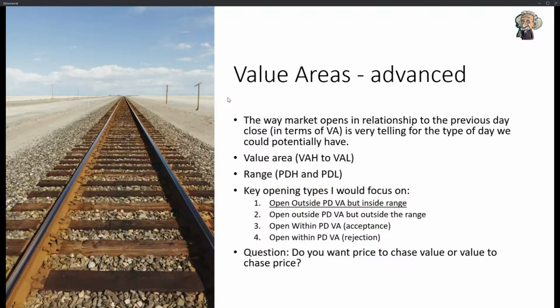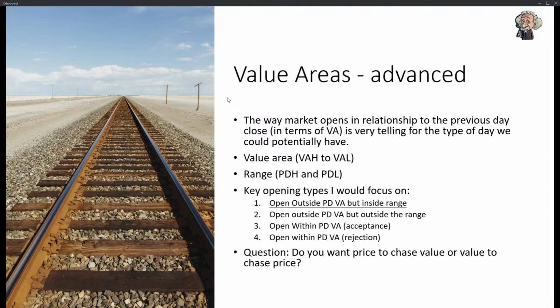All right. So this is where it gets a little bit more advanced in terms of openings, right? And it's not very complex. And if it is, you just have to speak up and we can cover it. The way the market opens relative to the previous day or week, or month, is very important for a trader because that generates a lot of information about the price, right?